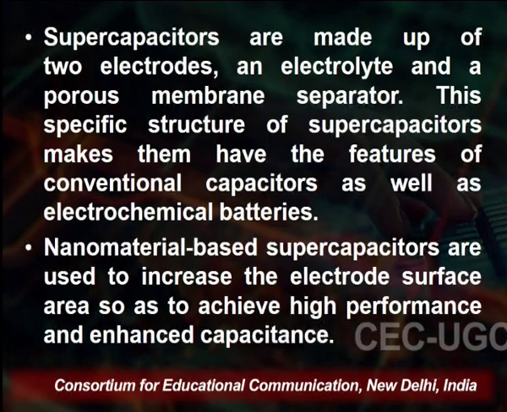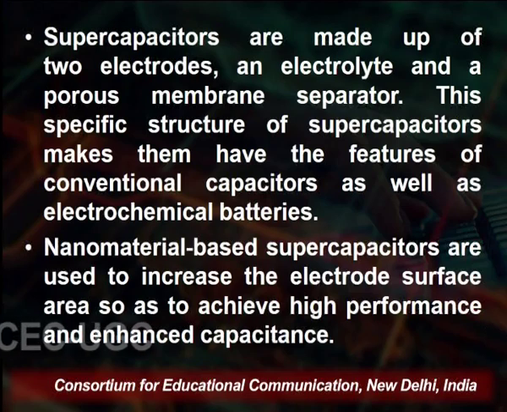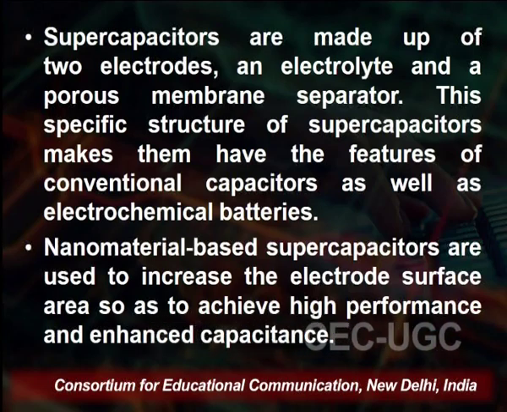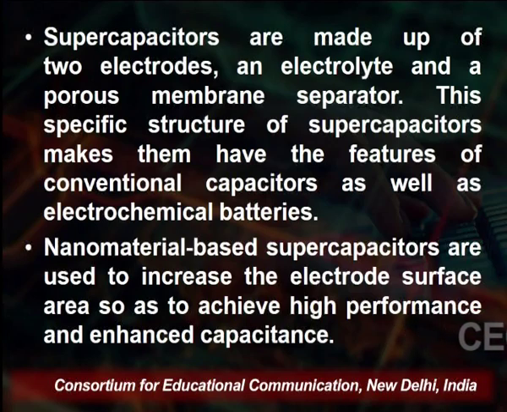Supercapacitors are made of two electrodes, an electrolyte and a porous membrane separator. This specific structure makes them have the features of the conventional capacitor as well as the electrochemical batteries.